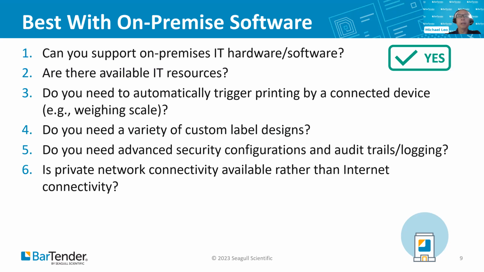Lee, what have you seen as far as why on-premise is a good option for many companies? Well, probably the biggest reason that I've seen is a need for very high speed printing.